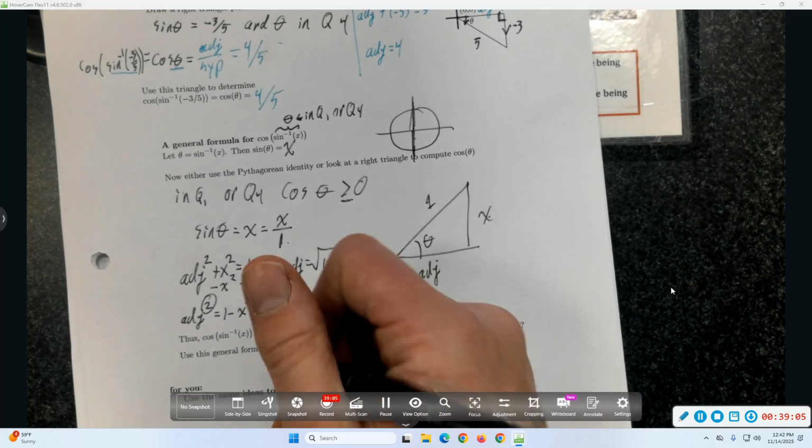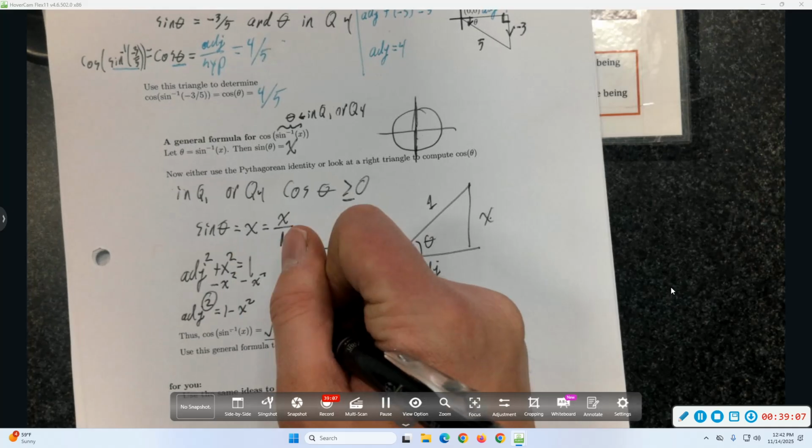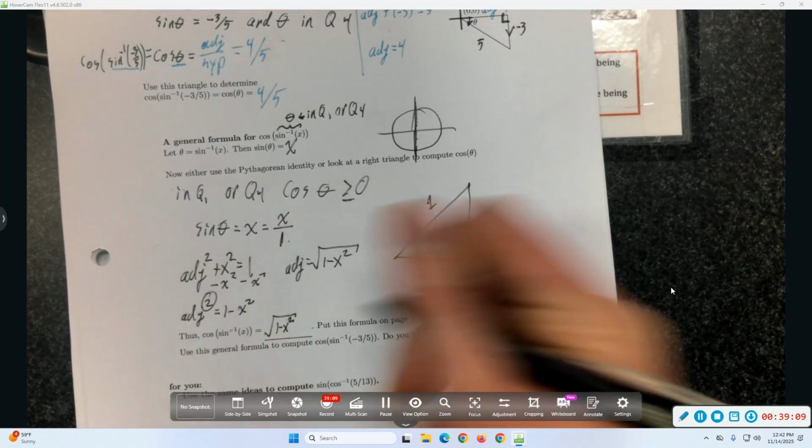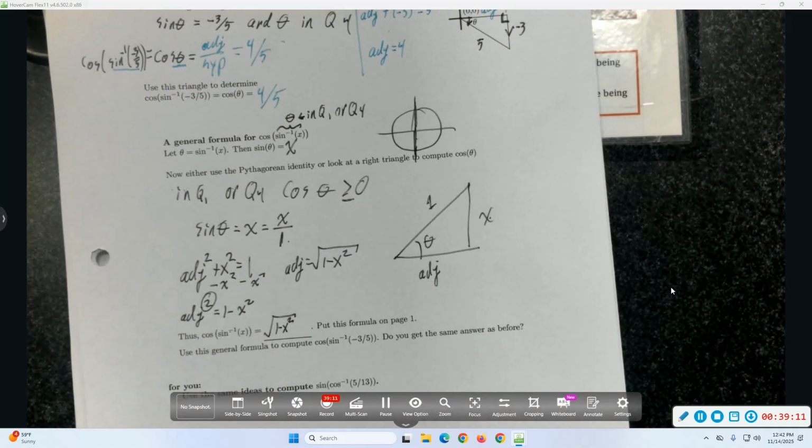Oh, cool. So cosine of inverse sine of x is square root 1 minus x squared. And here's something that's kind of cool. This stuff on the left-hand side involves lots of trigonometry. So if you undo trigonometry and then redo trigonometry, you actually wind up with just an algebraic expression.